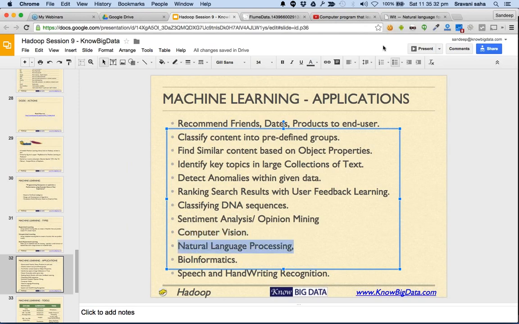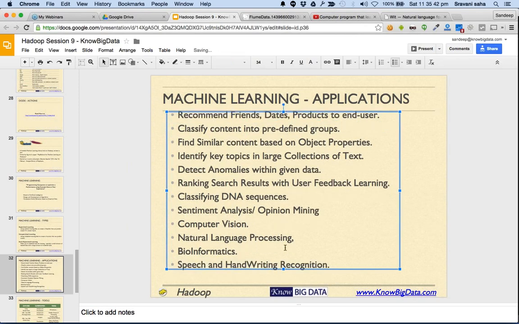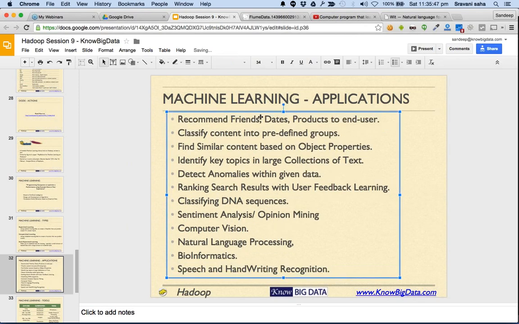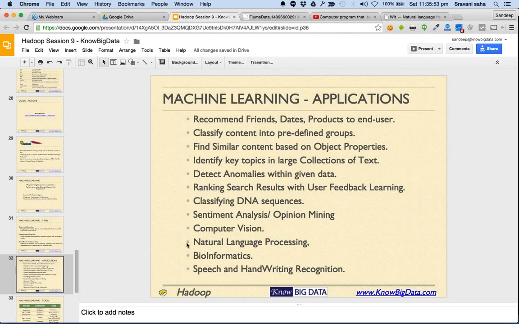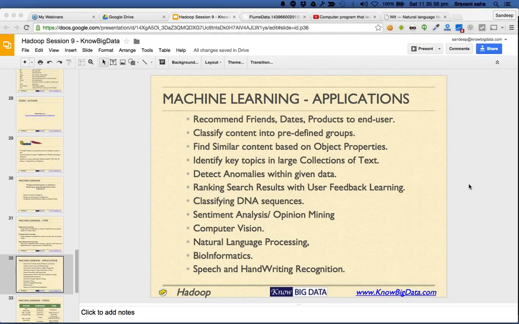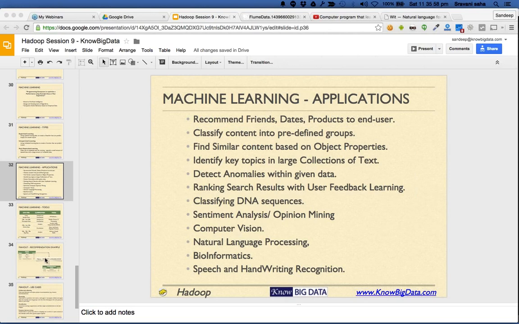Natural language processing, which I just demonstrated to you, and then biometrics, speech and handwriting recognition. Specifically those problems where people have not been able to form the algorithm really well, in those cases the machine learning algorithms are doing far better than people. So that's the kind of use of machine learning in normal life.